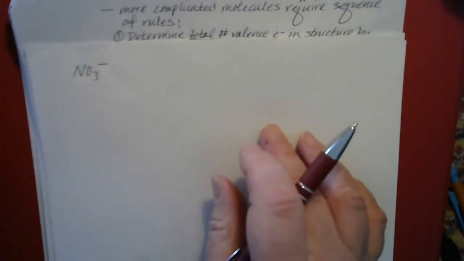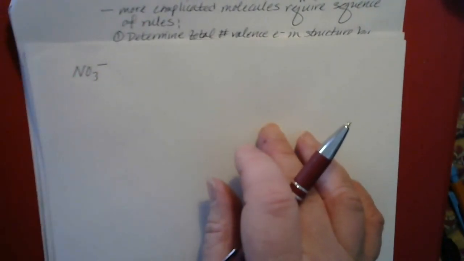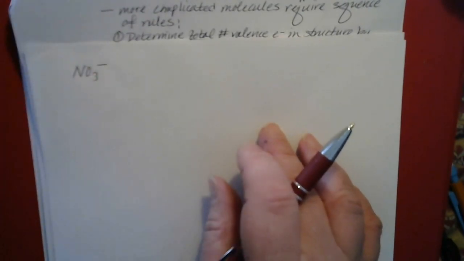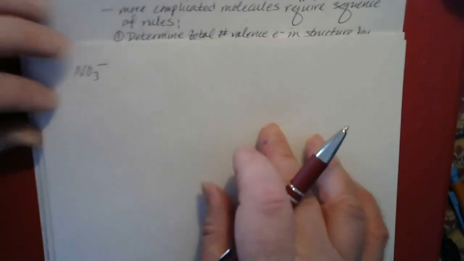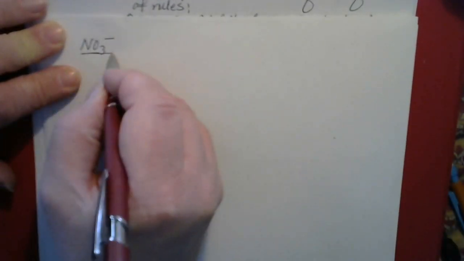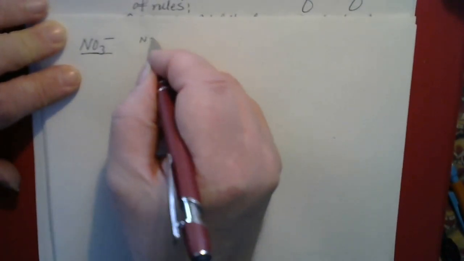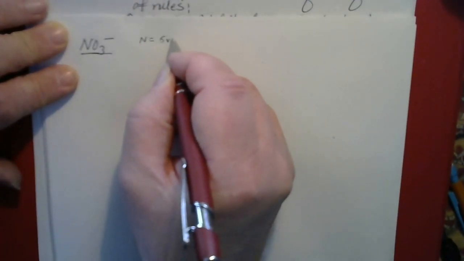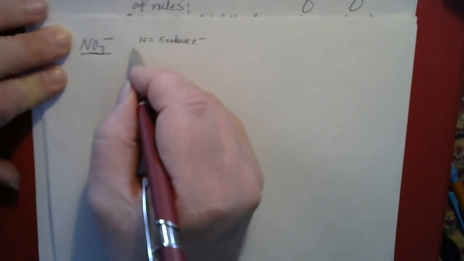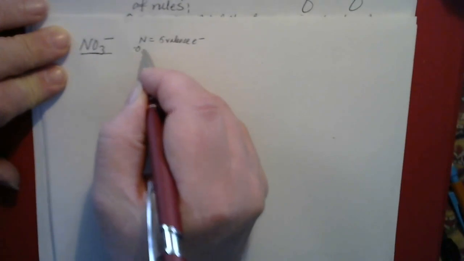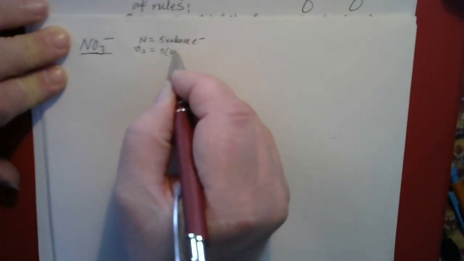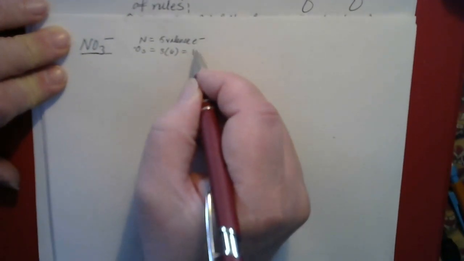We can draw a Lewis structure for this because the nitrate ion is basically just a molecule with an electrical charge on it. And we can account for that electrical charge just by adding one more electron. Okay, so NO3 minus, nitrogen has 5 valence electrons. We also have 3 oxygens at 6 valence electrons each.